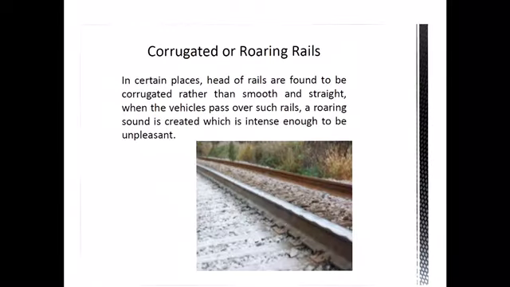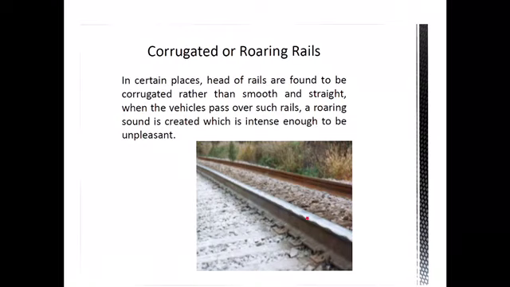So the first type of defect you can see in the rail sections is corrugated or roaring rails. In certain places, like where brakes are frequently applied or at the places where the train starts, the head of the rails is found to be corrugated compared to other sections of the track or the straight section, which will be very smooth.